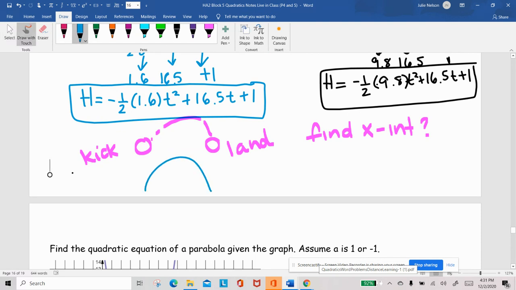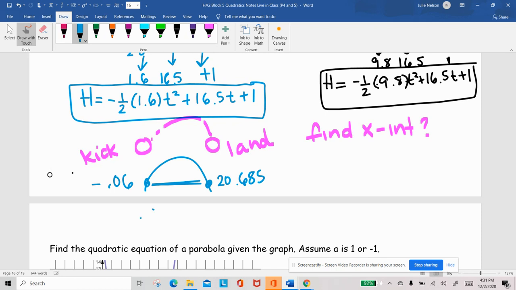So again, this is negative 0.06. I apologize. And then this right here is about 20.685. So what is the distance between here?